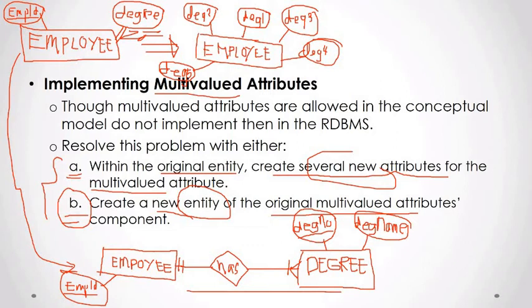And if you think that the attribute can become multi-valued, then don't waste your time showing that attribute like this. Don't show in your diagram that this particular attribute is a multi-valued attribute.